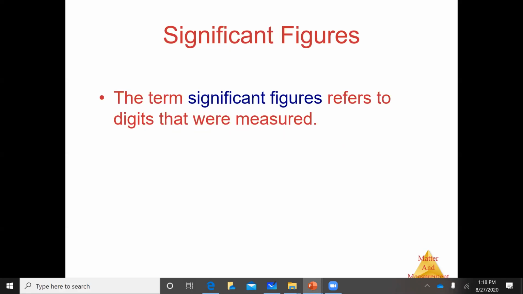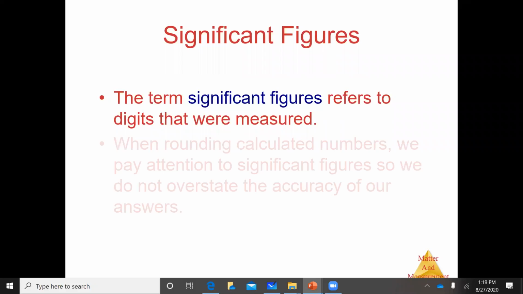Well, what are significant figures? Significant figures pretty much tell you how precise or imprecise a number is. If you've got a number that has a lot of precision to it, you would expect to see a lot of significant figures. If the number is kind of crappy, you're only going to have one or two significant figures. So the term significant figures refers to the digits that were measured.